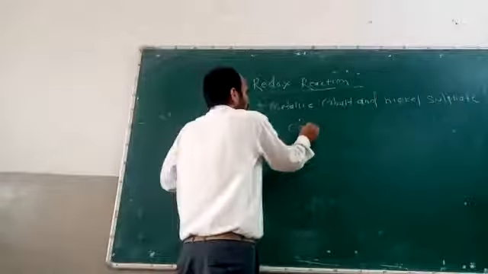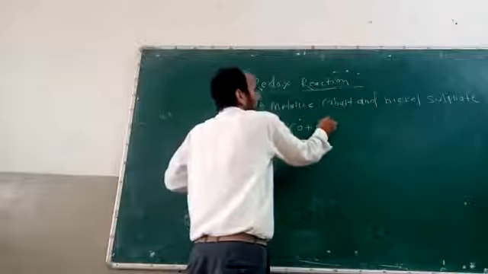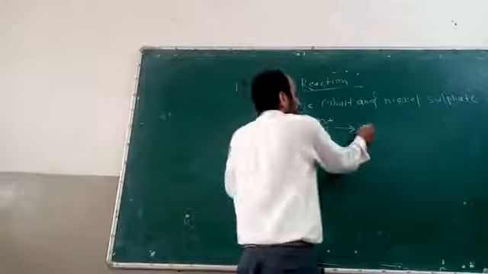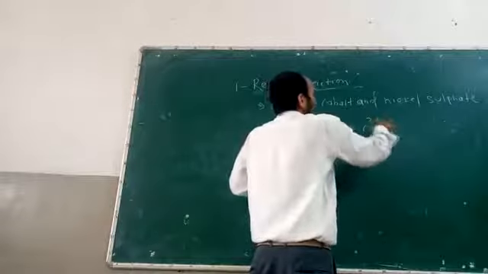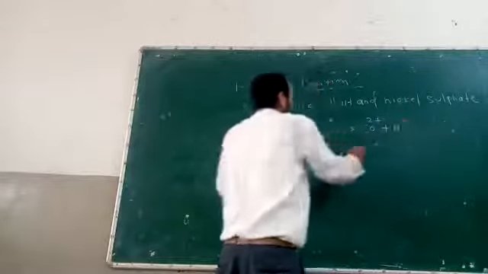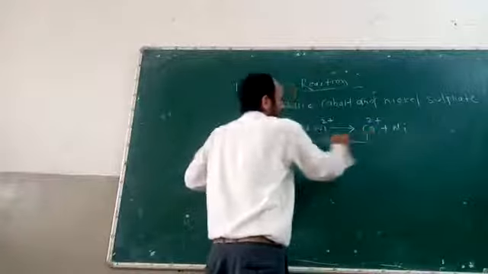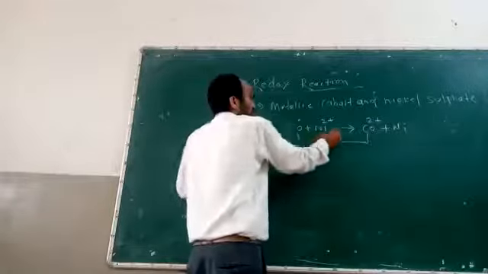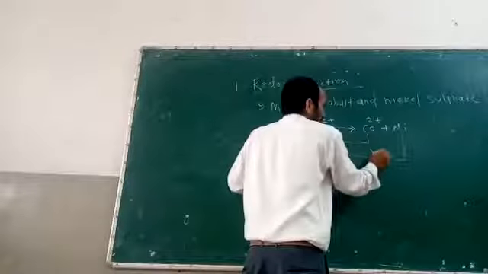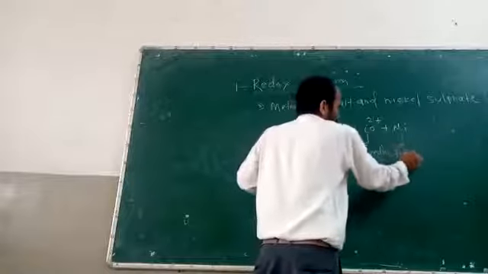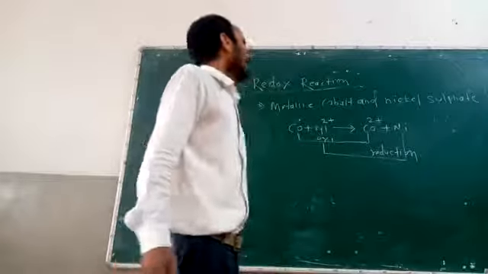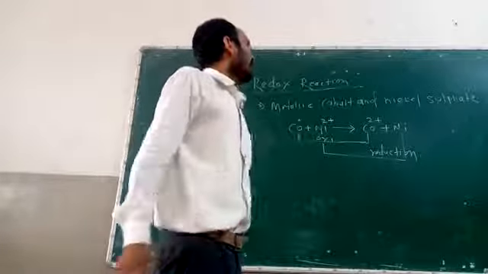In this reaction, cobalt and nickel interact with each other and produce Co2+ and nickel. This is oxidation and this is reduction. Oxidation and reduction take place in this reaction.